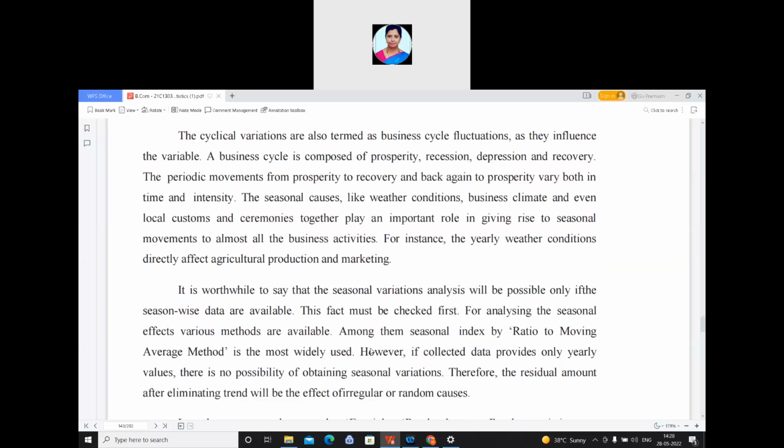The first one is the ratio to moving average method, which is the most widely used method. However, if the collected data provides only yearly values, there is no possibility of obtaining seasonal variations. Therefore, the residual after eliminating the trend will be the effect of irregular random causes.